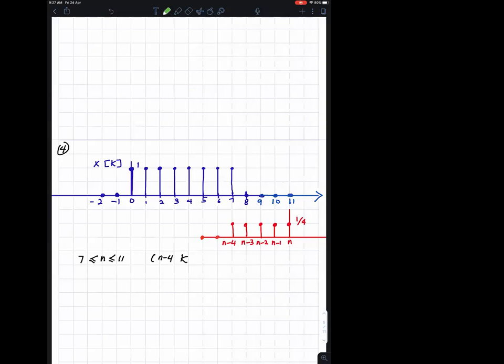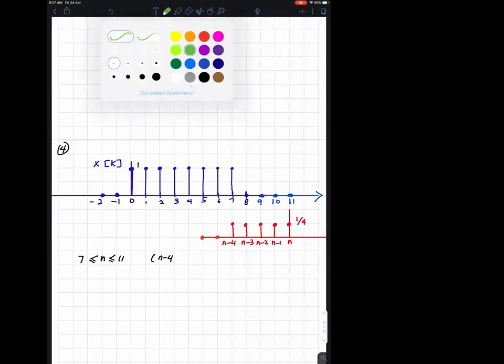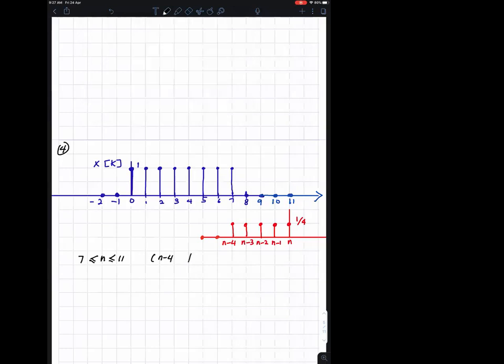So k is from n minus 4 to 7. It may look silly, but that's how it works. K is greater than n minus 4, but less than 7.